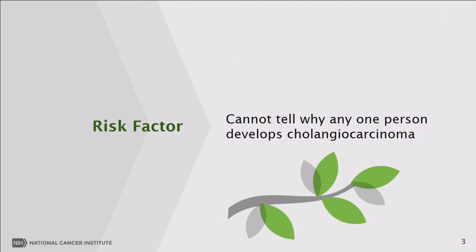One way that I like to think about this is smoking and lung cancer. We know that smoking vastly increases your risk of lung cancer. However, I'm sure everybody in the room knows of someone that is either currently or formerly a cigarette smoker that's never developed lung cancer. And then we've all heard stories about individuals that never smoked and were never around smoking and went on to develop lung cancer. So it's nearly impossible to tell why any one individual goes on to develop cancer.